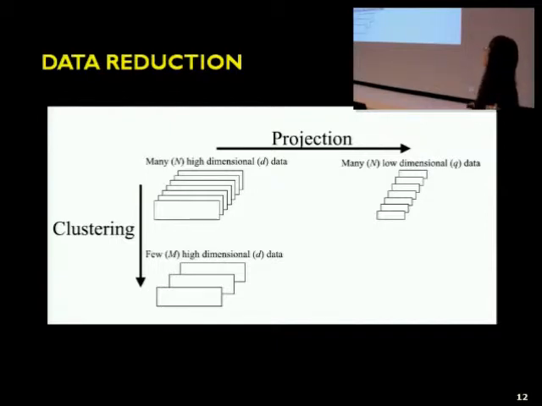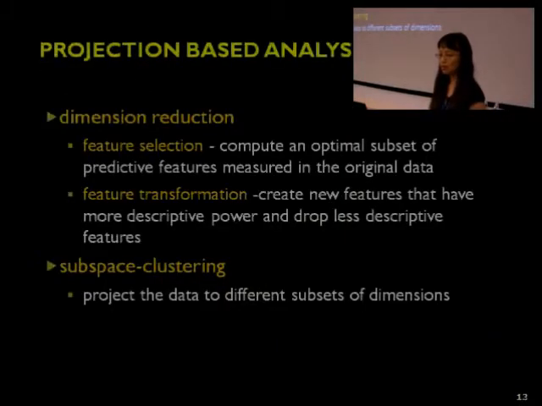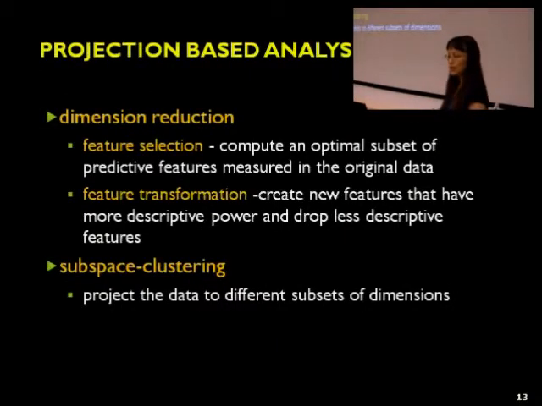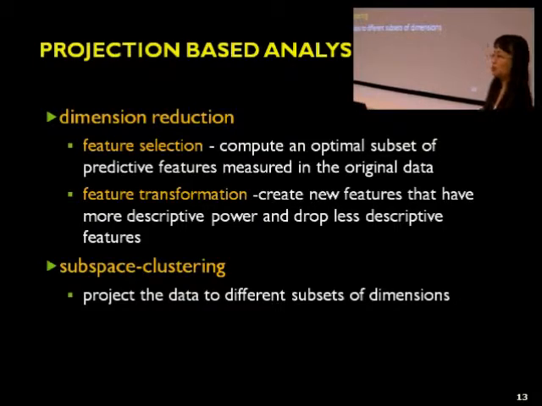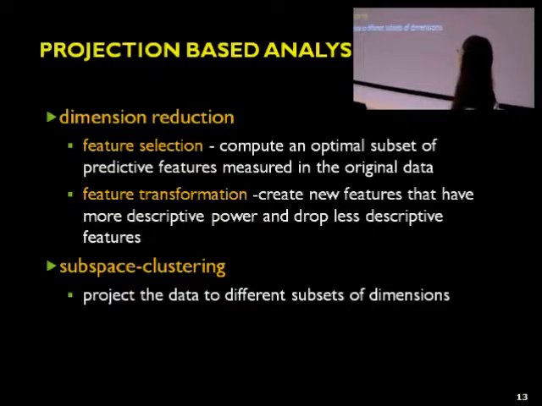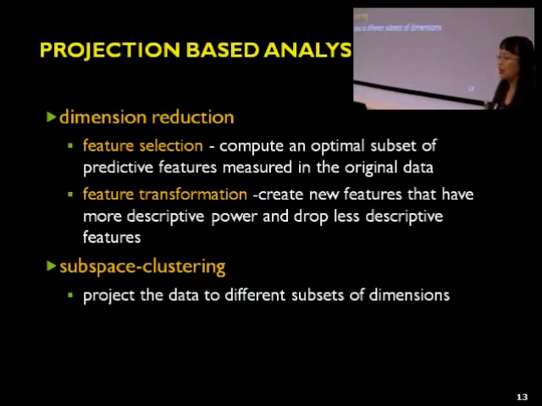Sometimes these 2 directions go in parallel, so when you have a really large data set, you go in both directions. In this talk, I will focus on two of the most commonly used techniques, dimensionality reduction and subspace clustering methods, that help you handle high-dimensional data.